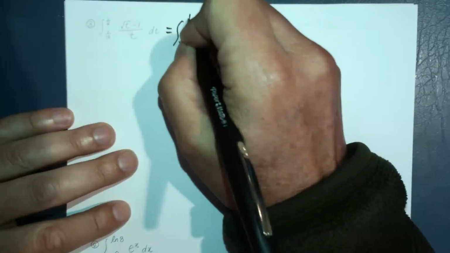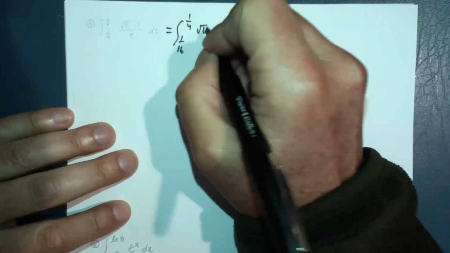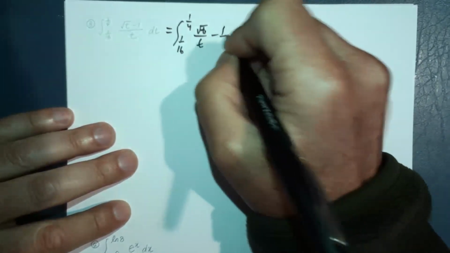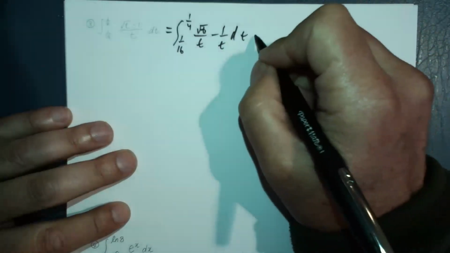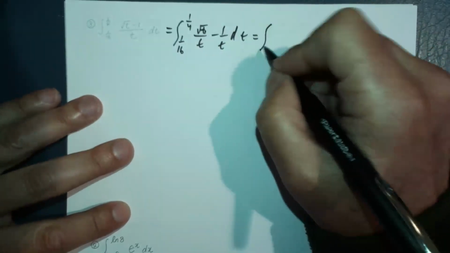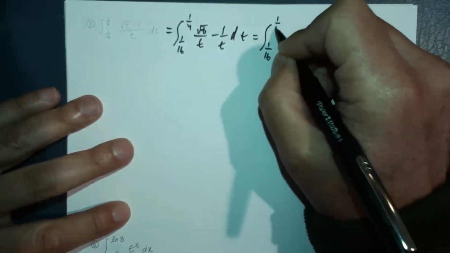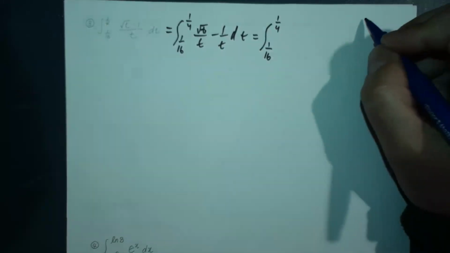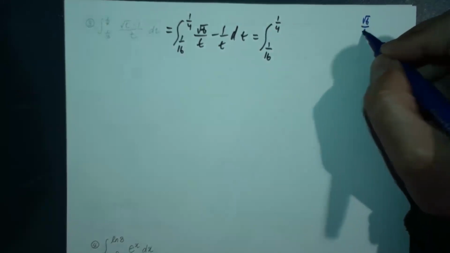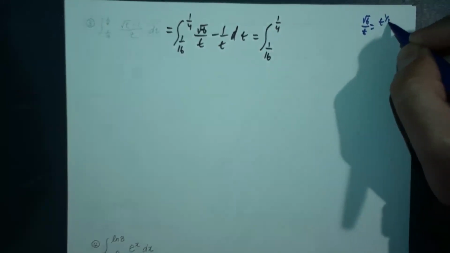Let's continue with the second part of the fundamental theorem of calculus. I'm going to rewrite this. That's root t there. And I'm going to break this up into 2 separate integrals. Now if you can recall, the square root of t over t is t to the 1/2 over t.